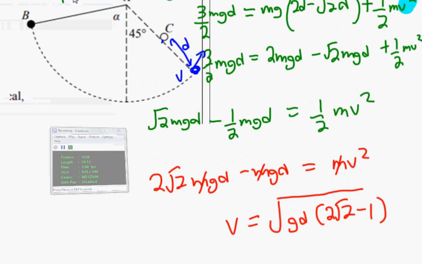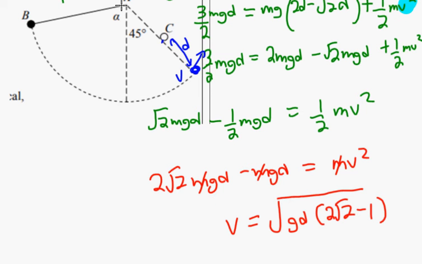So guys, in part one, what we did was we took ourselves from here all the way down to here. It was a length of 2D, but C is the midpoint. So now it's spinning around in circular motion of length D as it bobs around this way. Okay?